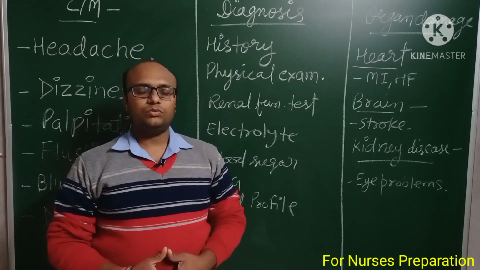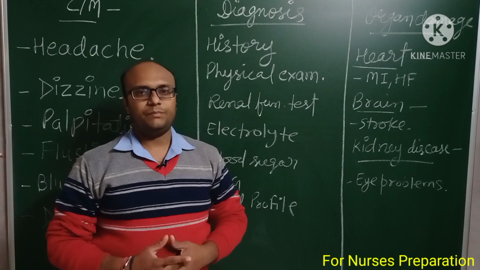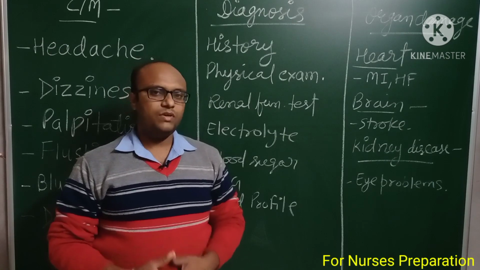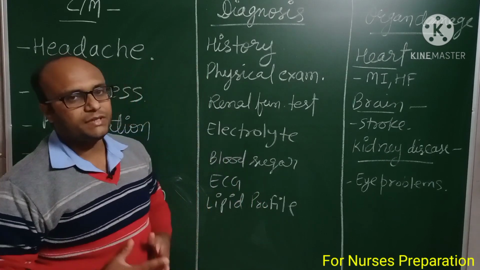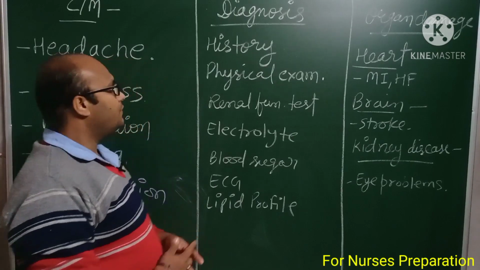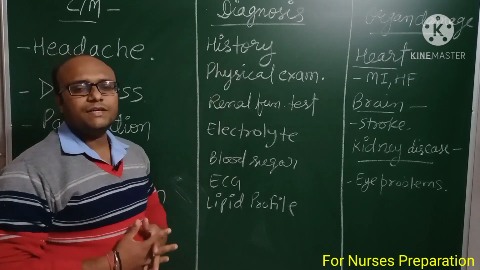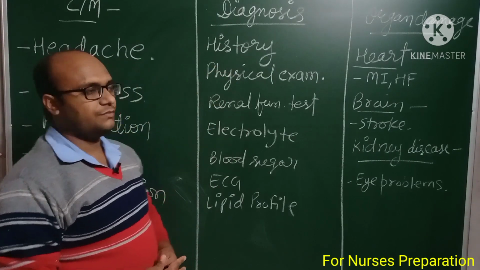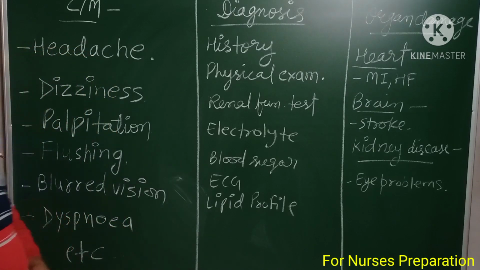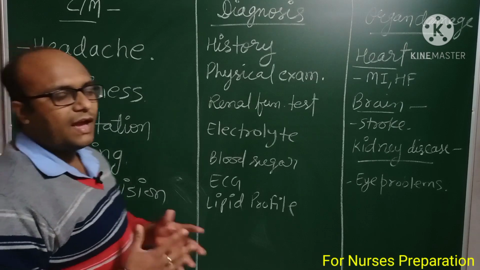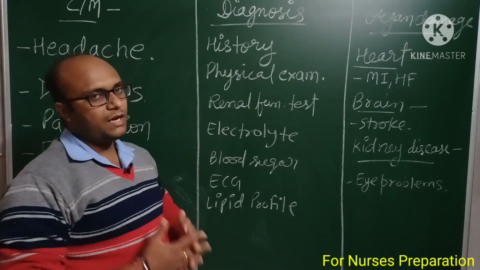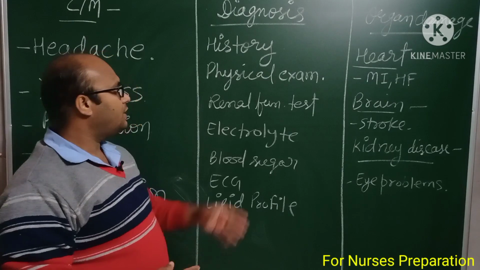Now let's talk about the diagnosis of hypertension disease. How can we diagnose whether the person has hypertension or not. First, by taking history and physical examination. If the person says that he is having the following symptoms or few of them, then we can say the person has or may have a hypertensive condition.